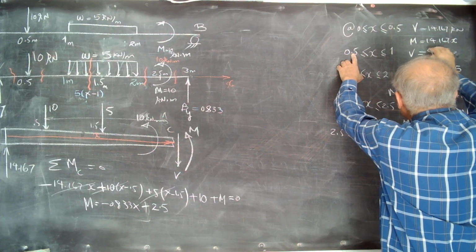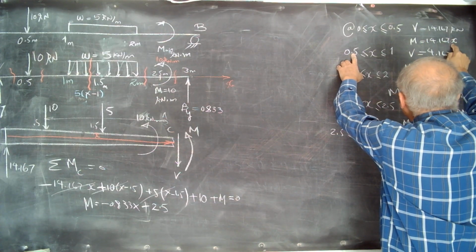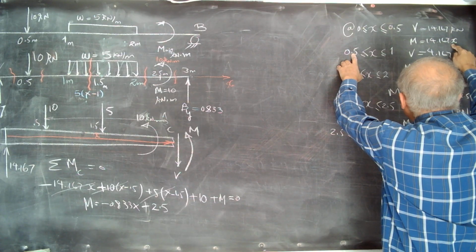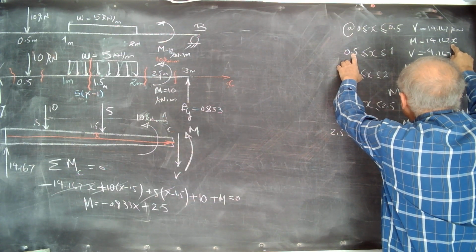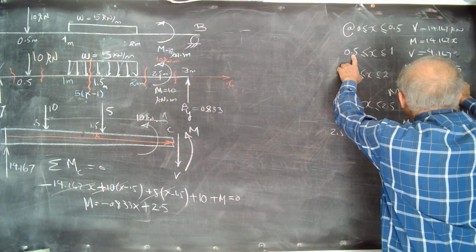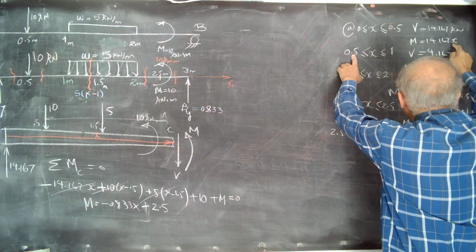But this is not x. We must change the equation in terms of x. Here, if you put half a meter, you reach 7.08. And if you put half a meter here, you get 7, the same as here.